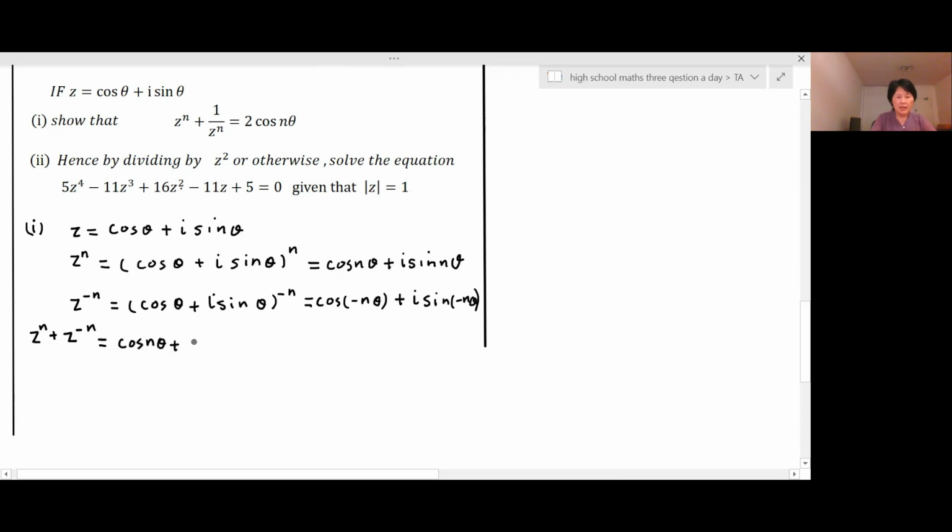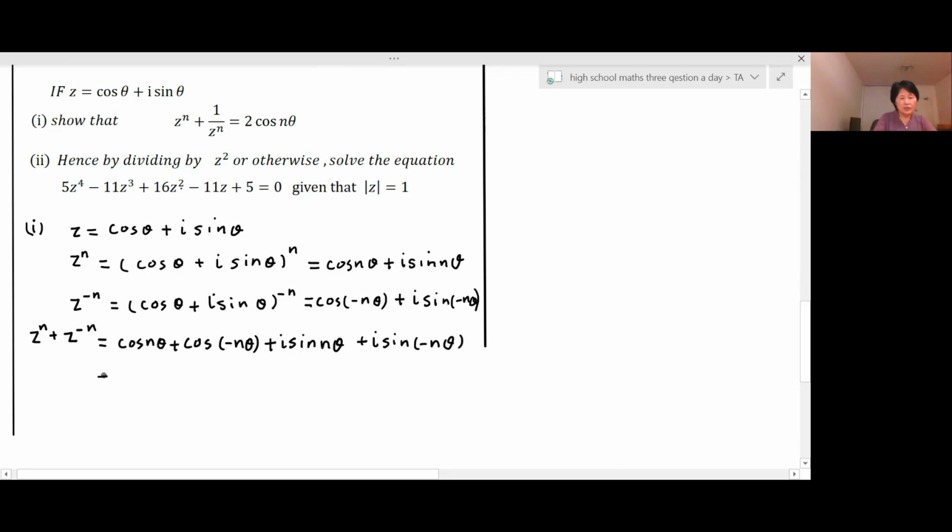So cosine n theta plus cosine minus n theta, then plus i sine n theta plus i sine minus n theta.